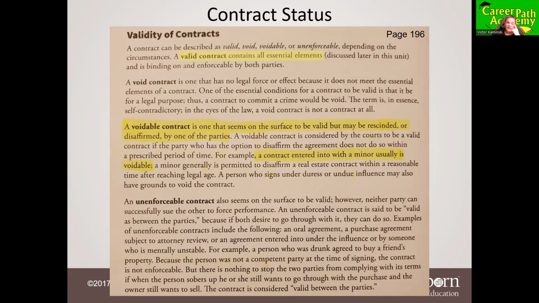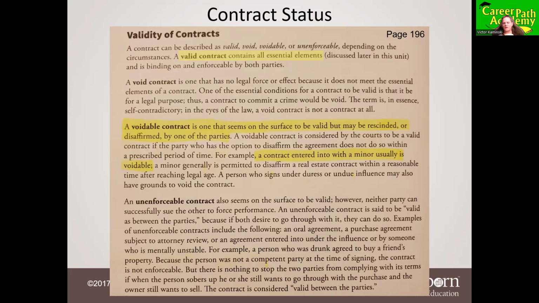Now, void contracts are a self-contradictory term because a void contract isn't a contract at all. It's one that's missing one of the essential elements. Then we have voidable contracts, which can be canceled or rescinded by one of the parties. One example, probably one that you'll get on the exam, is a contract with a minor.